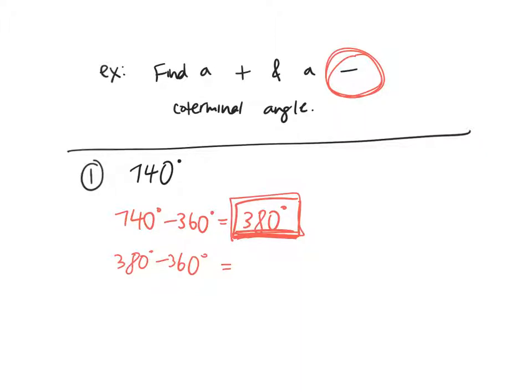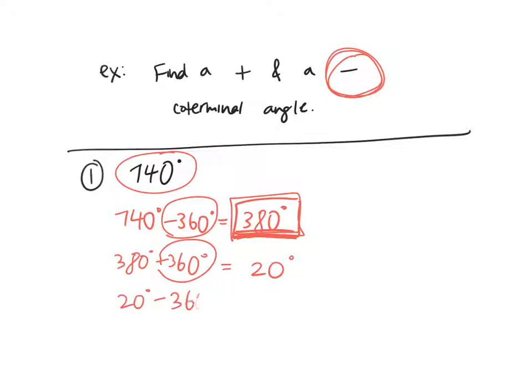You're taking away rotations. So from 740, I take away a rotation and I'm taking another rotation away, ending up with 20 degrees. Okay, but that's still a positive answer and I need to get a negative, so I'm going to subtract from 20, 360 again. So that would give me negative 340 degrees.